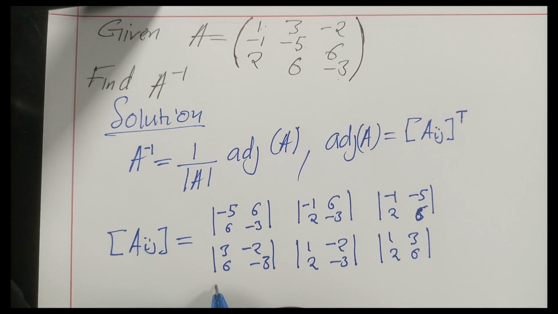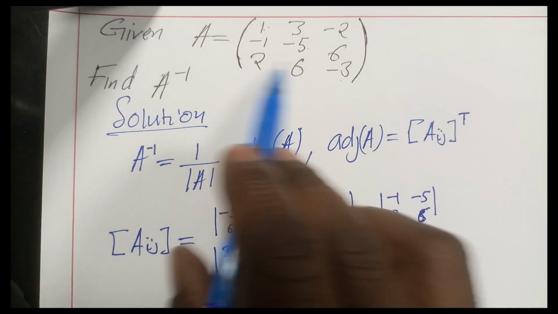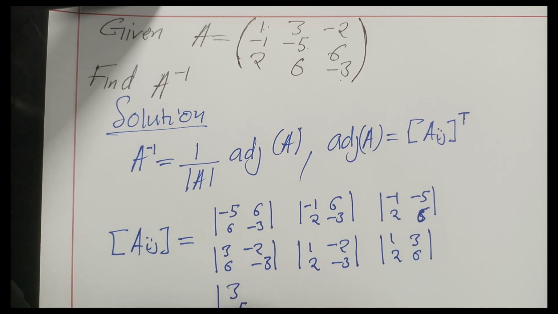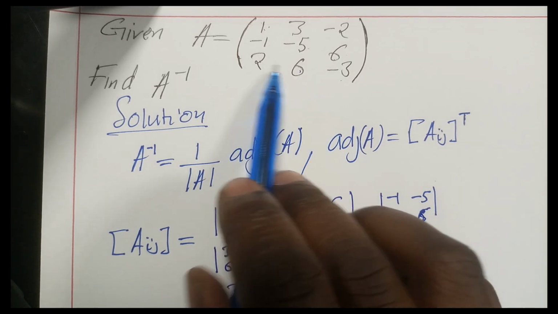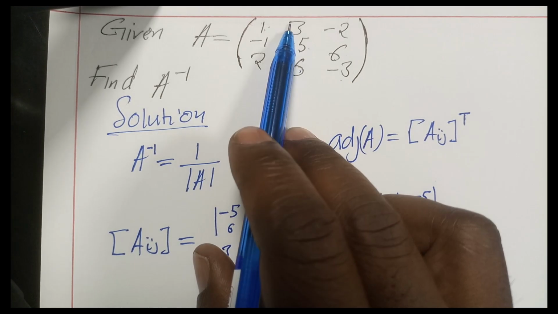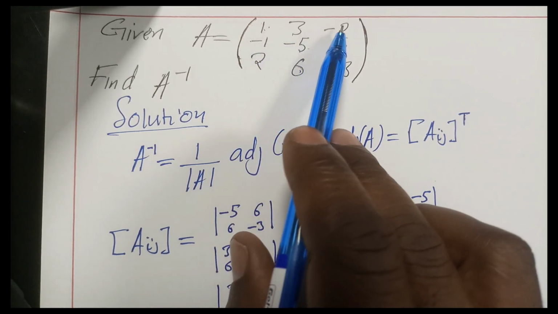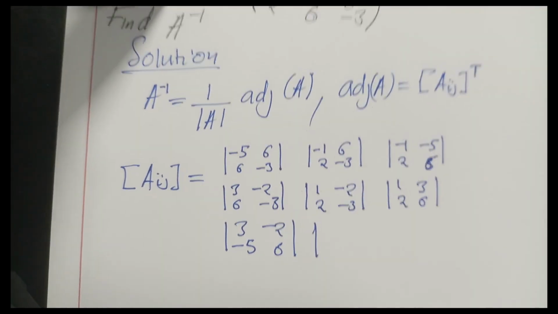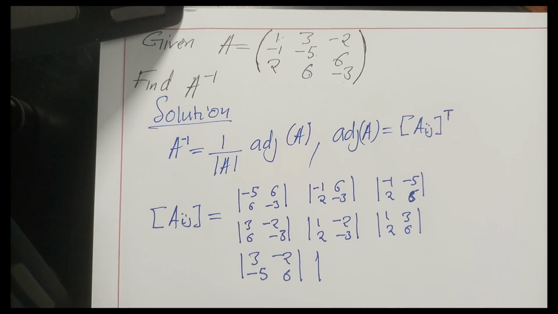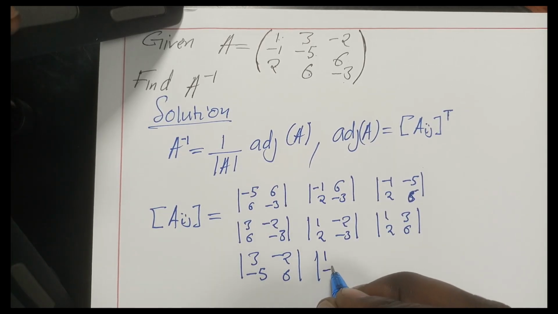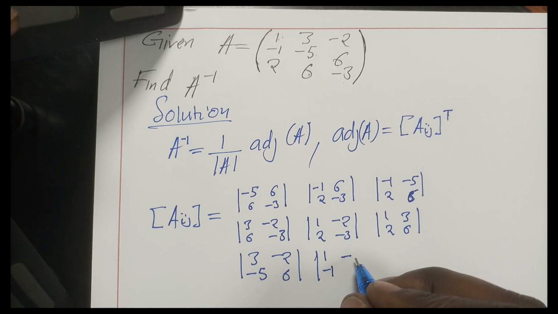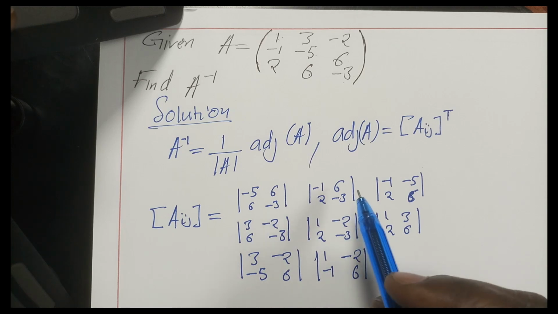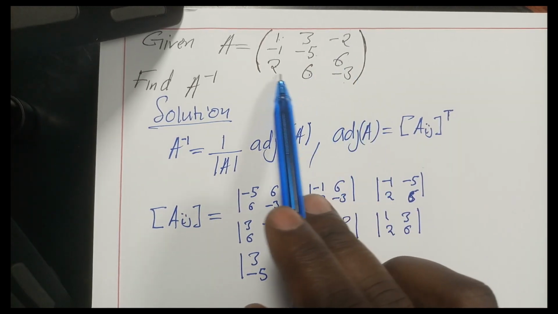All right, then for the last row, for this one, delete this and that, you have 3, minus 5, minus 2, 6. Then for this one, delete this row and this column, remain with 1, negative 1 and negative 2, 6.